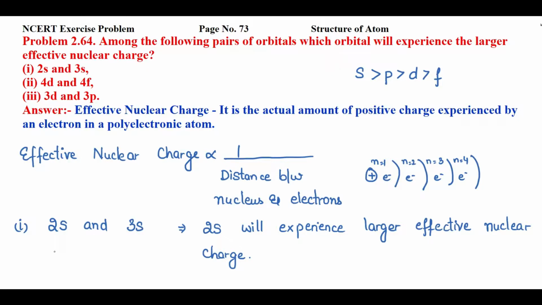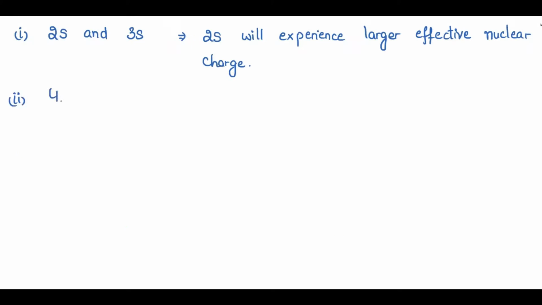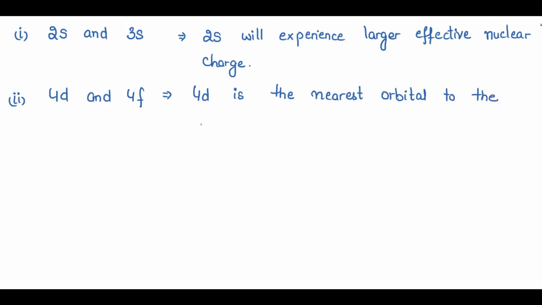So in this case, I can say out of 4d and 4f, 4d is the nearest orbital to the nucleus. So it will experience larger effective nuclear charge.